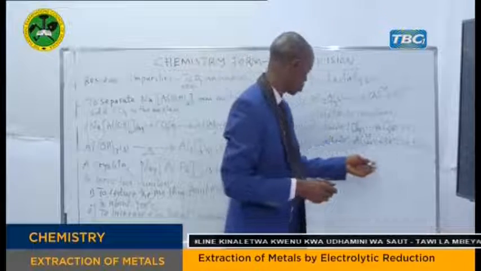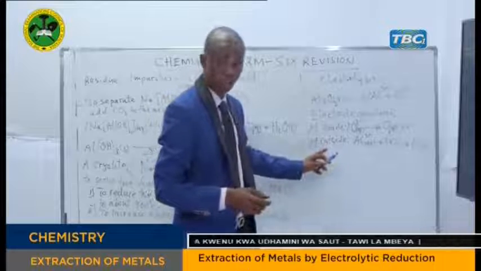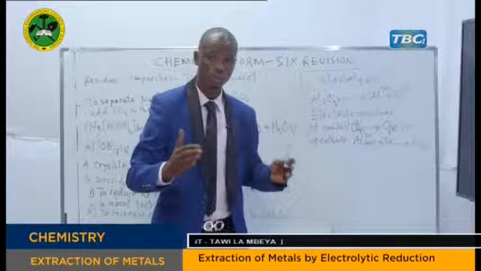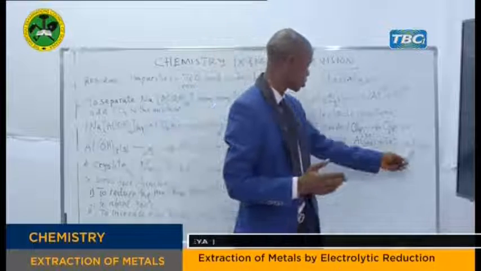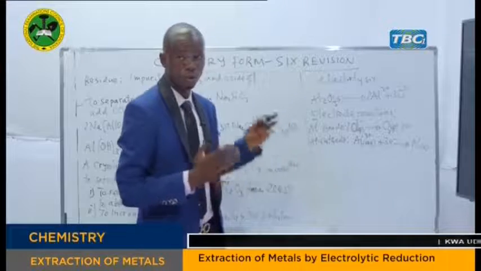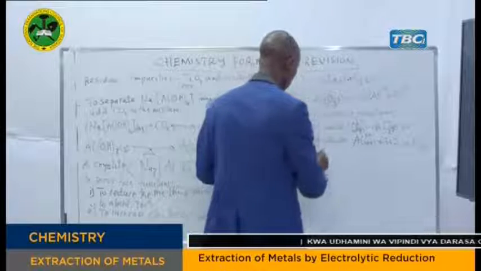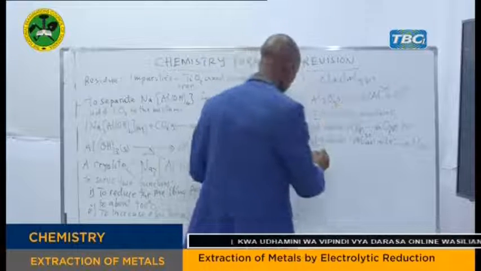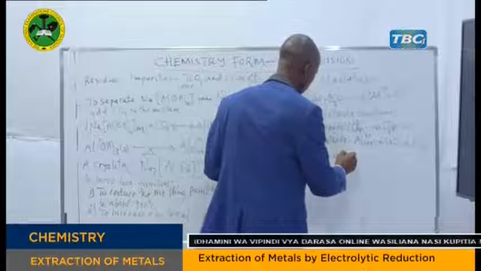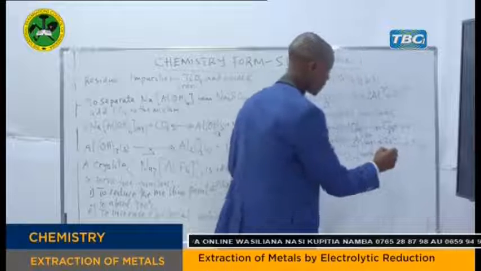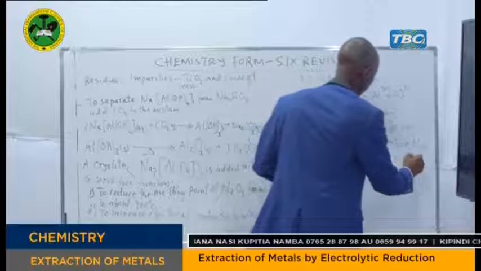Therefore, aluminium metal will be deposited at the cathode. So as time goes on, the cathode will become larger in size because of the deposition of aluminium metal on it. But remember, the nature of the electrodes that are used are carbon electrodes, specifically graphite.